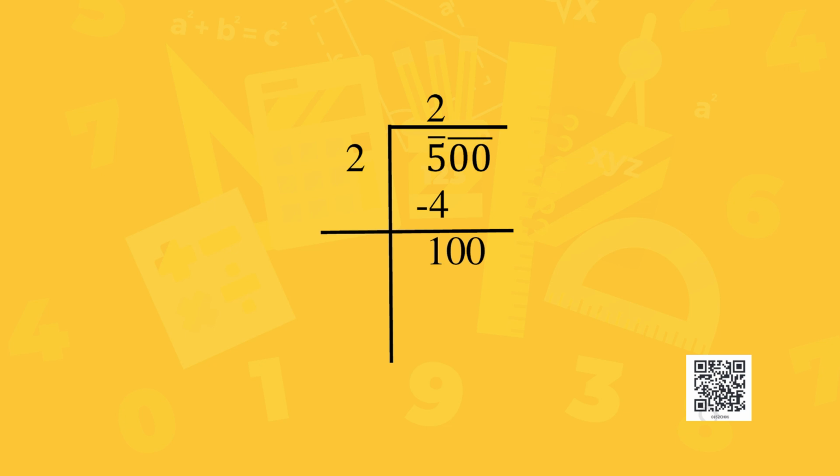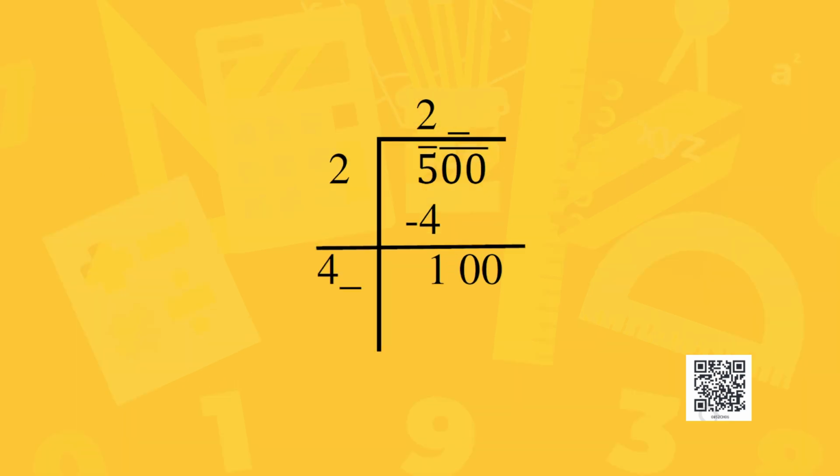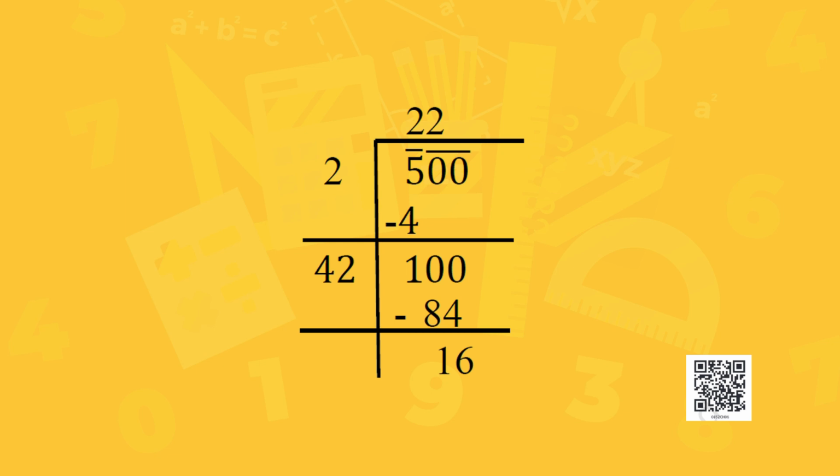Now bring down the next pair of digits under the bar, and thereby the remainder becomes 100. Now we add the divisor 2, double the divisor, it will become 4, and put a blank to its right. Guess the number which has to be written in this blank, thereby we get a number which is closer to 100. So we know that 42 times 2 is equal to 84, which is near and just less than or equal to 100.